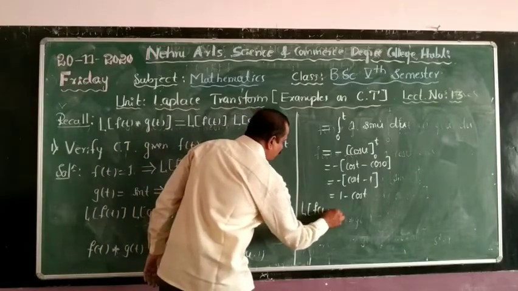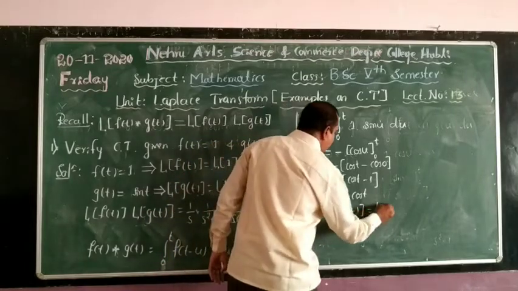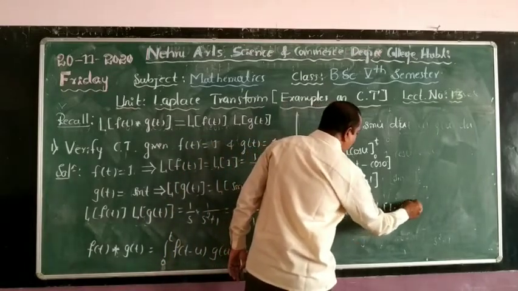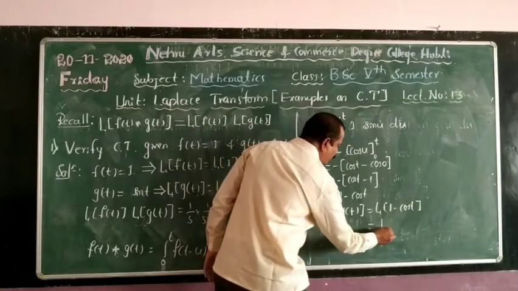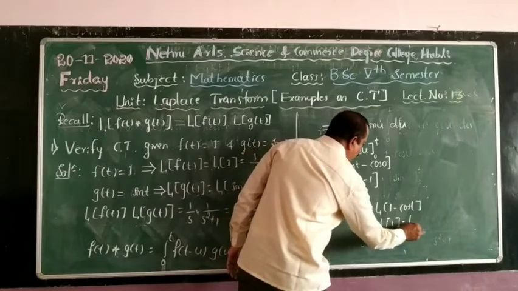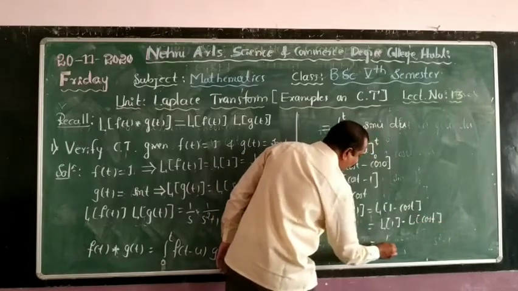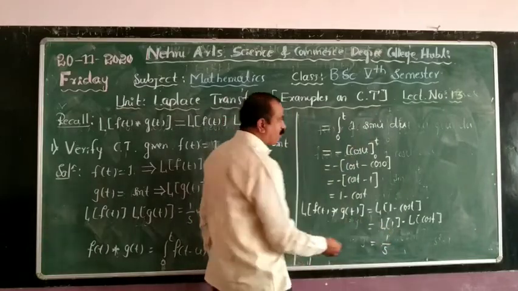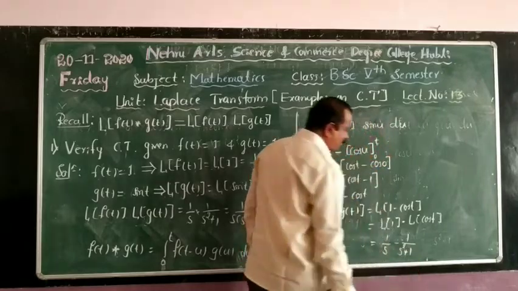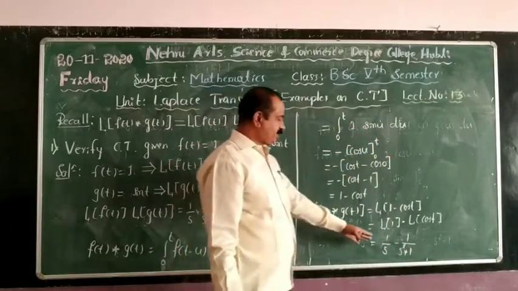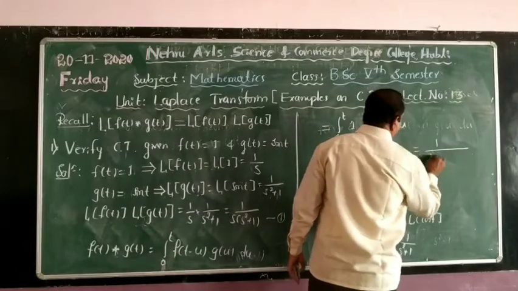Now L of f of t star g of t is equal to L of 1 minus cos t. Splitting L into the 1 and cos t, L of 1 minus L of cos t. The L of 1 is 1 divided by s, and L of cos t is s divided by s square plus 1.